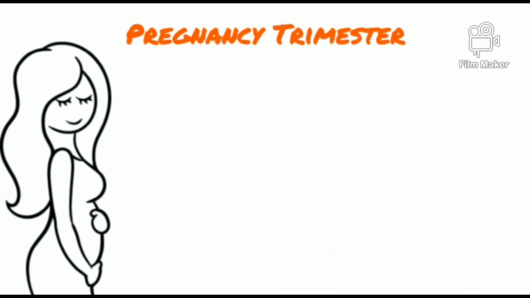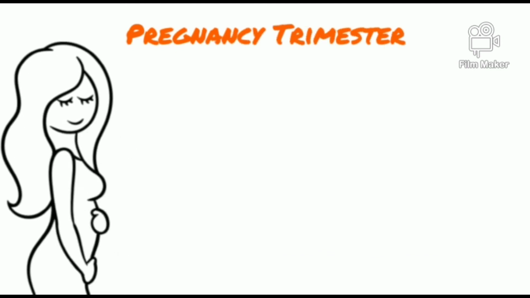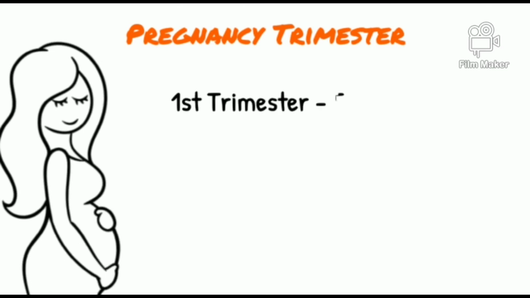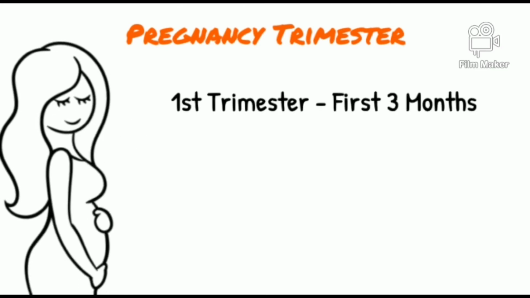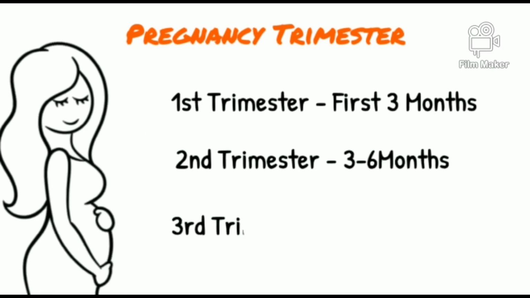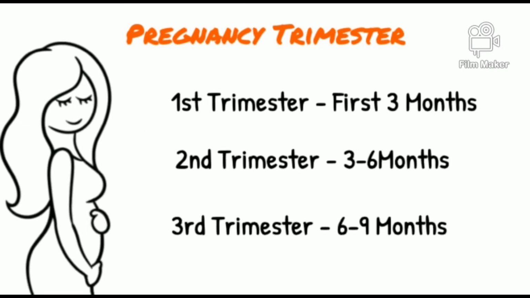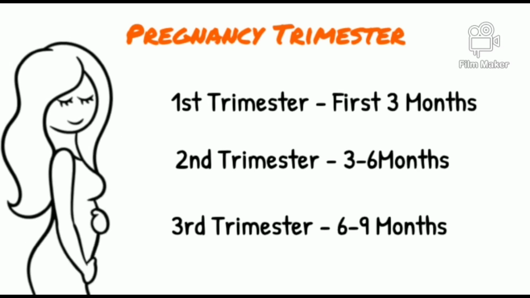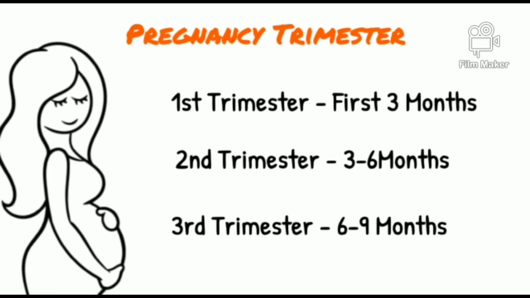Pregnancy trimesters are nothing but the gestational period, in layman's terms. The first 3 months is the first trimester. 3 to 6 months is the second trimester. 6 to 9 months is the third trimester. We call these the pregnancy trimesters.